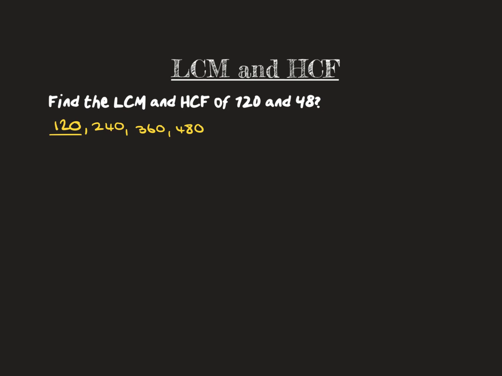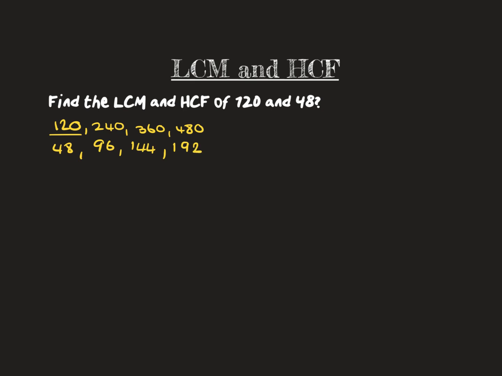So now I need to find the multiples of 48. We'll start with 48. Add 48 onto that and you get 96. Add another 48 onto 96 and you get 144. Add another 48 onto 144 and you get 192.